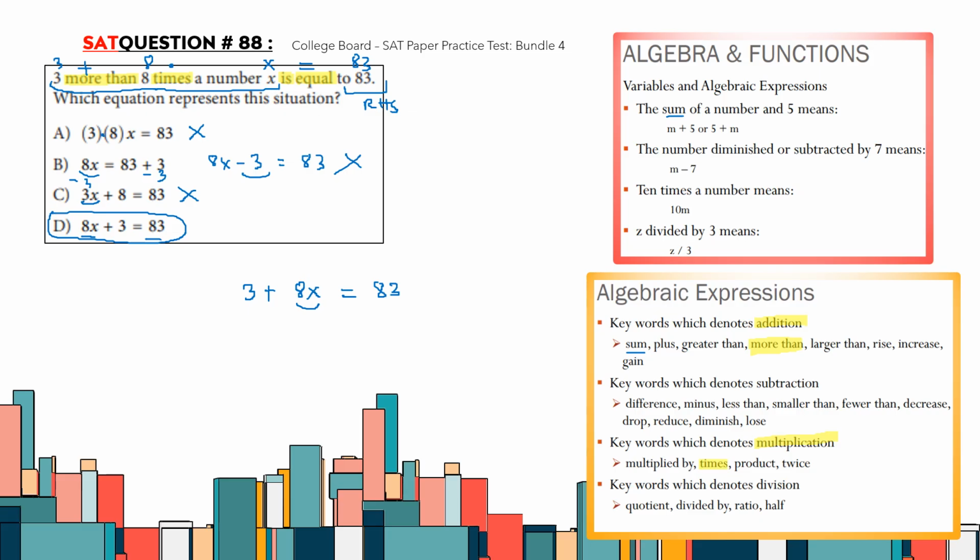Those are the keywords we have to know. This is how we translate the keywords into algebraic functions or notations.